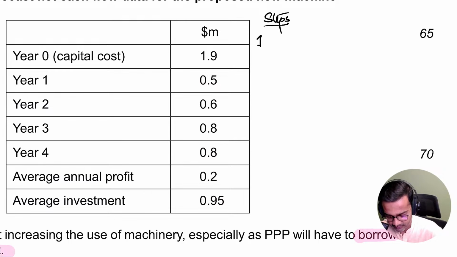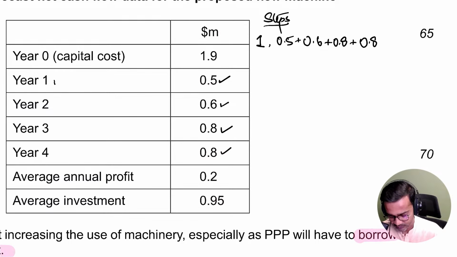Step 1 is where you add all the positives, and those are year 1 number, year 2, year 3, and year 4. Okay, we don't need average annual profit. We're just looking at the yearly cash flows. So 0.5 plus 0.6 plus 0.8 plus 0.8.